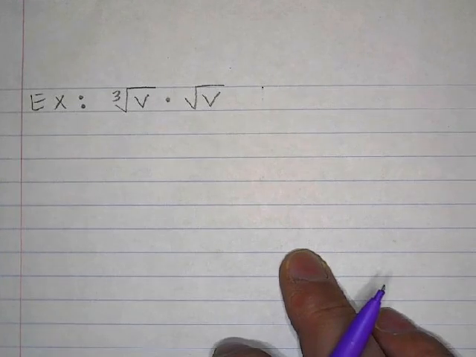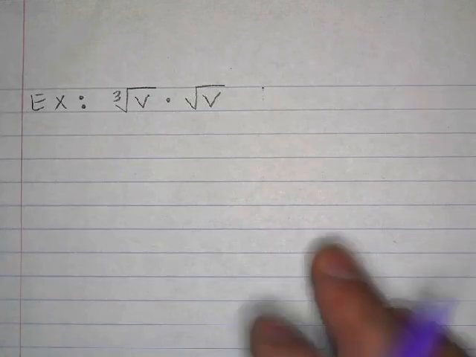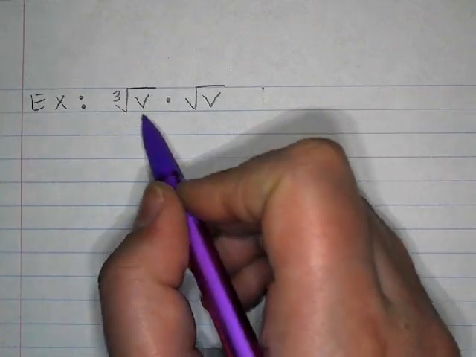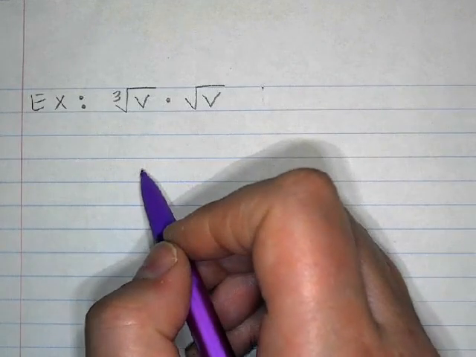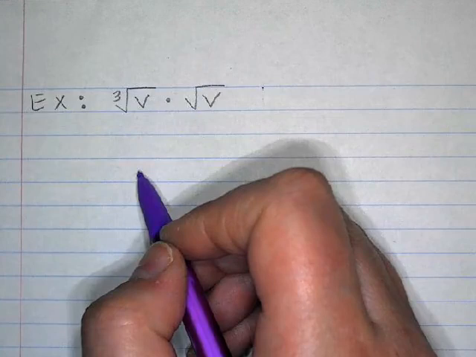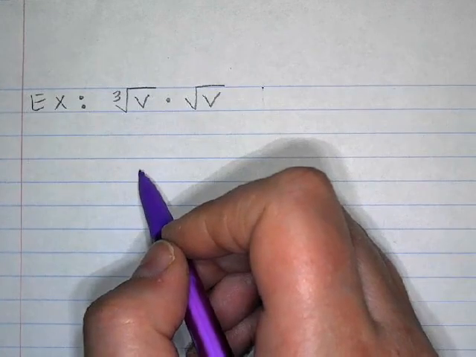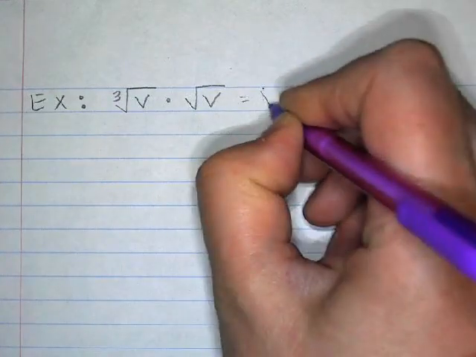So, how should I rewrite this problem to start with? Because it's not written in exponential form, so I do have to rewrite it. v to the 1/3 times v to the 1/2. Okay.